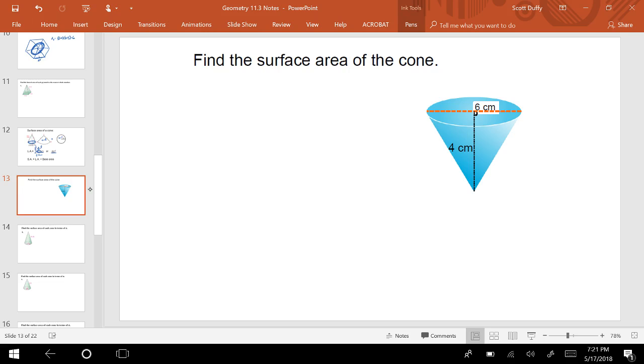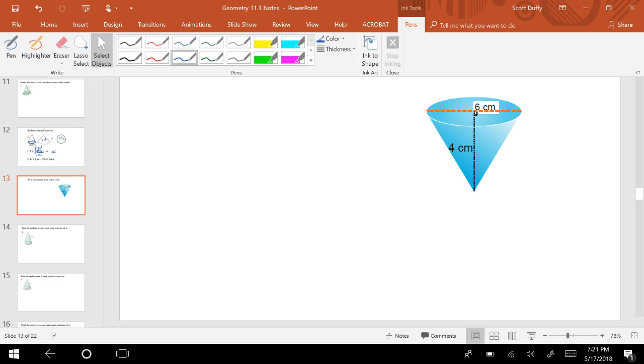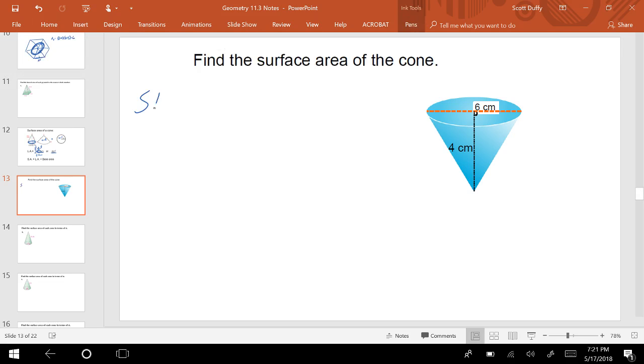Okay, so I need to find both the base area, because the surface area is equal to the base area plus the lateral area. Let's work with the base area first. Base would be the circle.